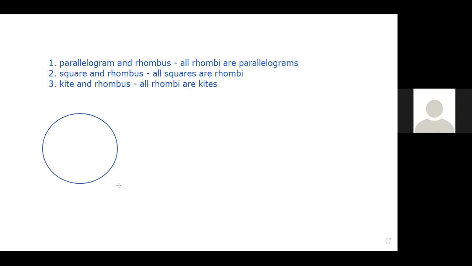This is parallelogram, and then let me just draw all three maybe.